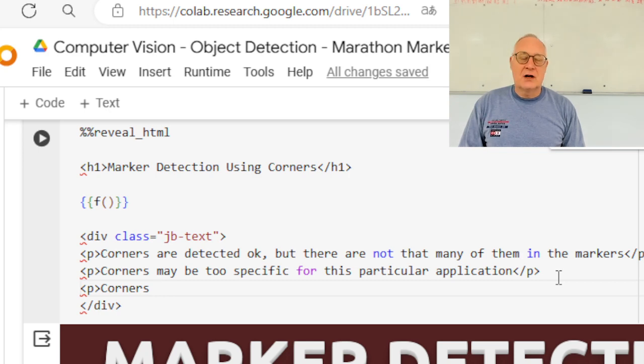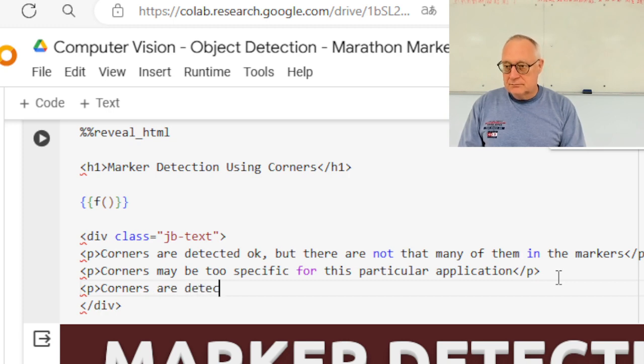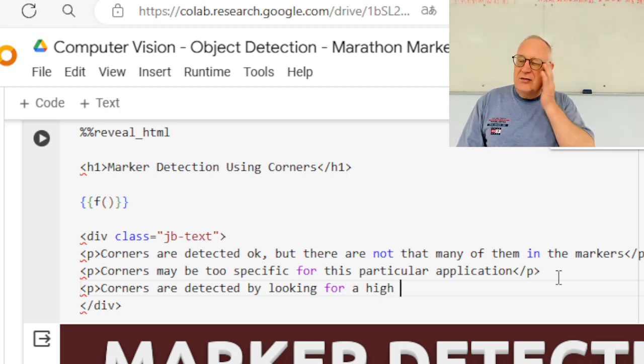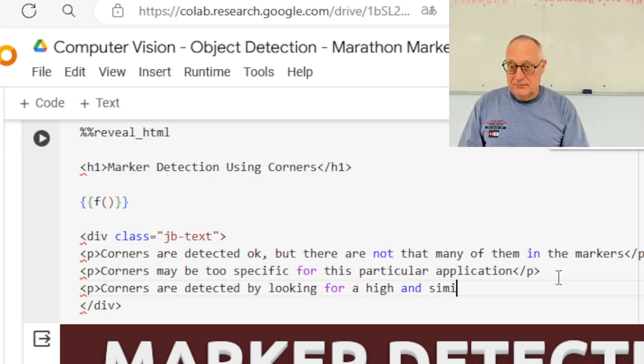We are constructing the matrix of the gradients, and then we're looking for the eigenvalues of that matrix. And the basic point is that we want to have a high gradient both in the x and the y direction, right? High and similar gradient.